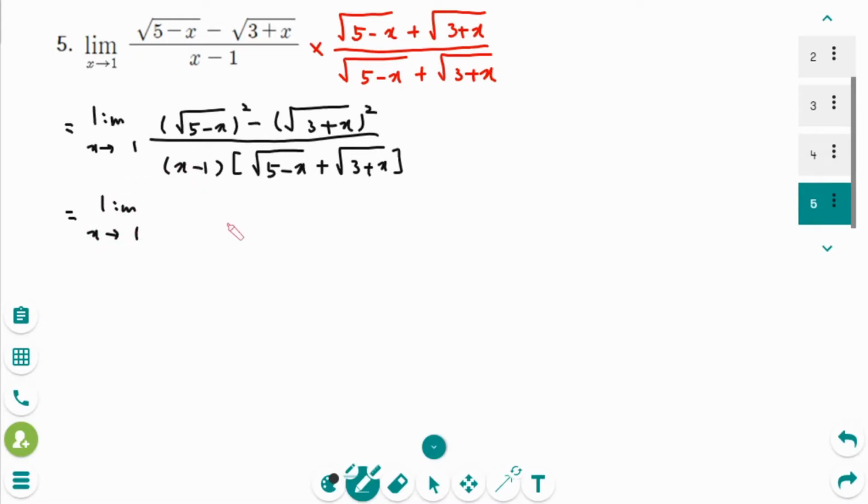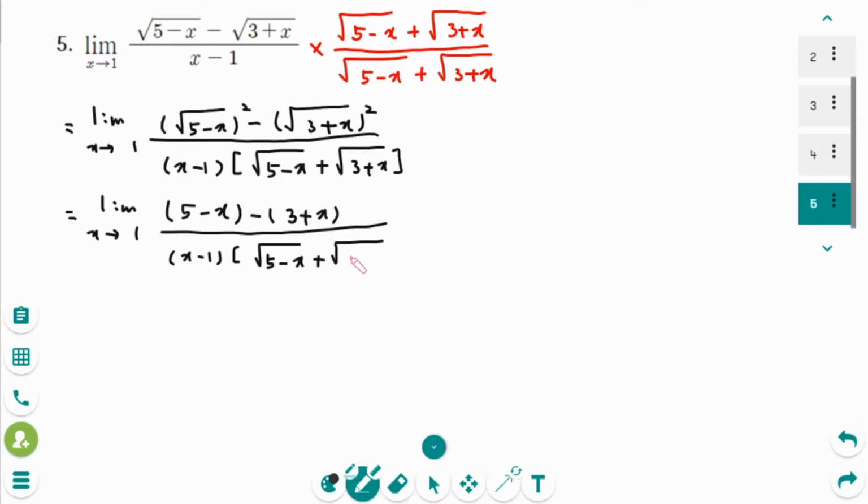When you simplify the numerator, you get 5 minus x minus 3 plus x over, keep the denominator, and limit as x approaches 1.